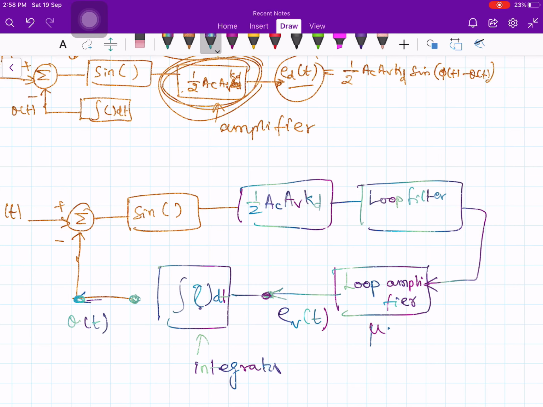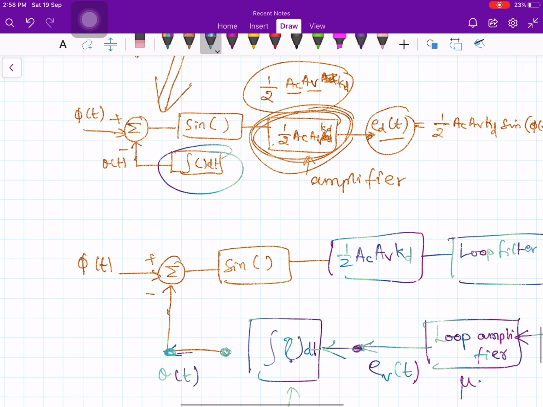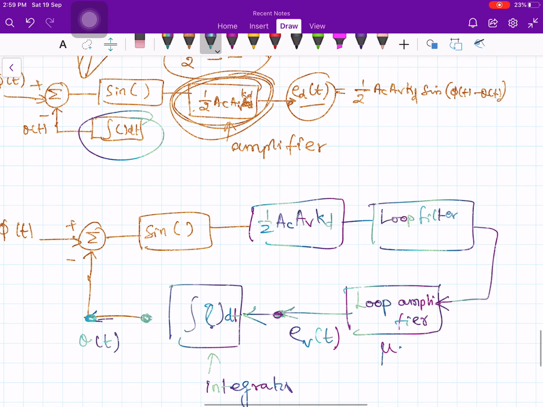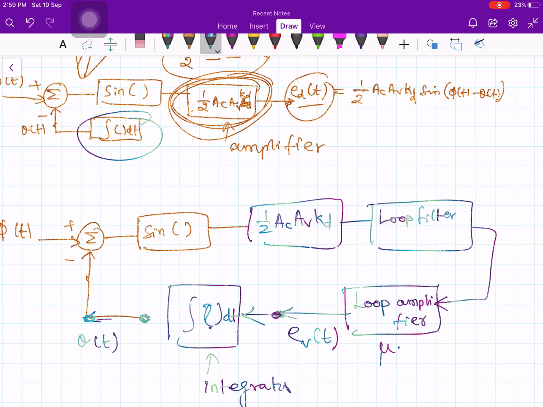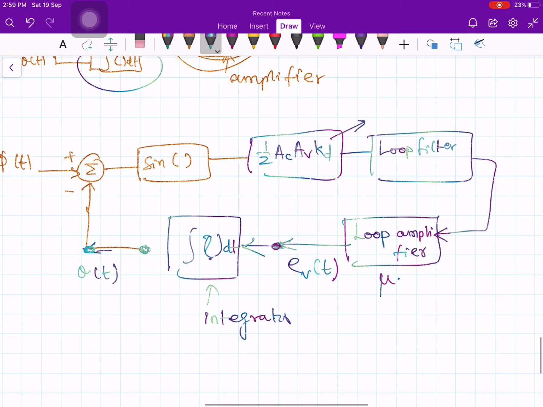This we already discussed, just now we discussed the integrator. See, it is over there, integrator. So this loop amplifier has a gain mu, loop filter, and this is the 1 by 2 ACAV times KD, this constant. And I forgot to put the arrow mark, you put the arrow mark.